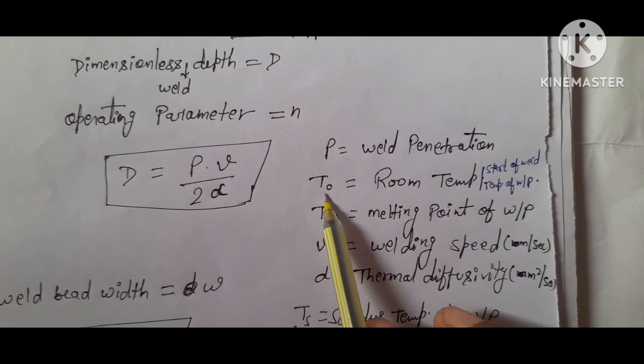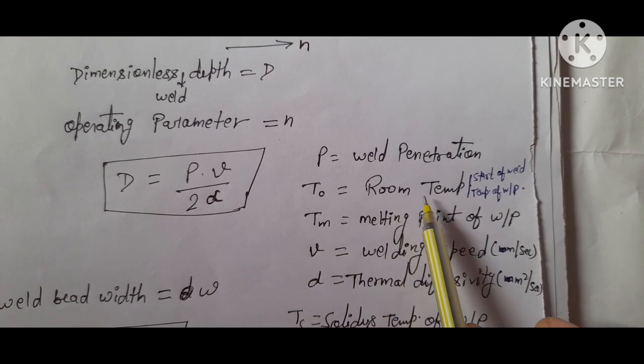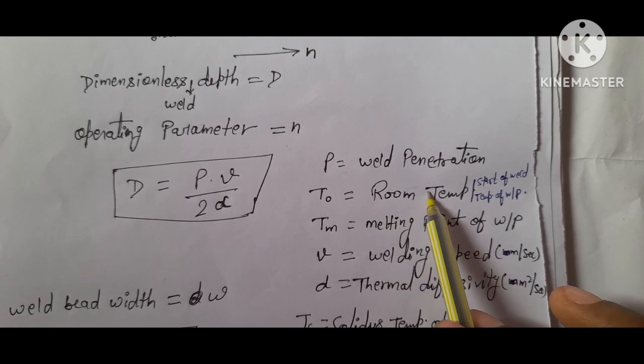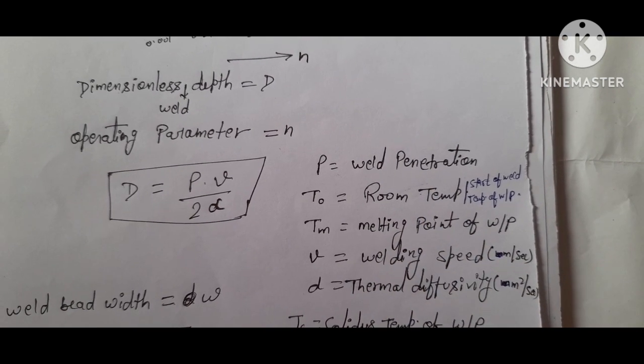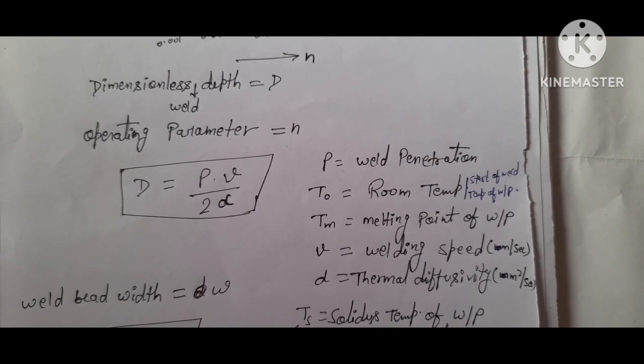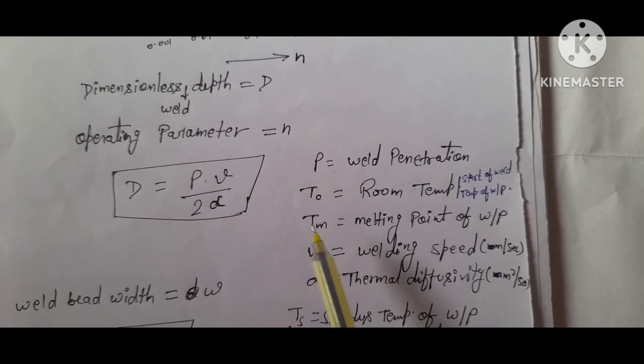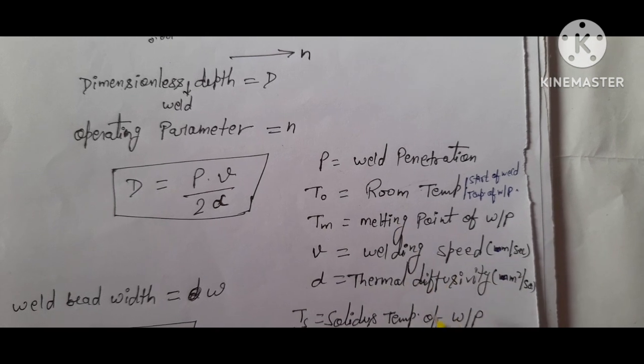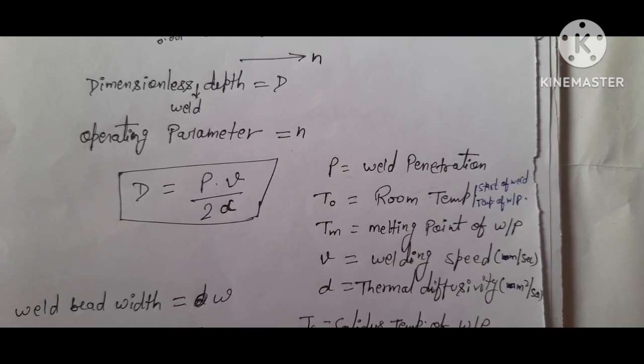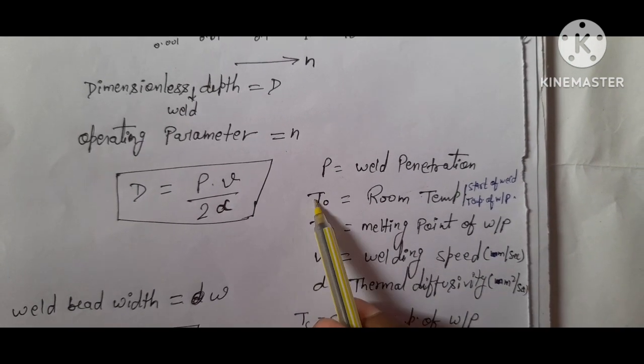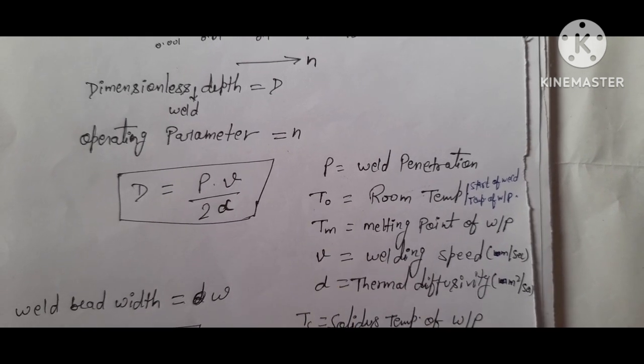These terms are not used otherwise, if you have preheated your workpiece. So T naught is the temperature of the workpiece at the start of the welding.